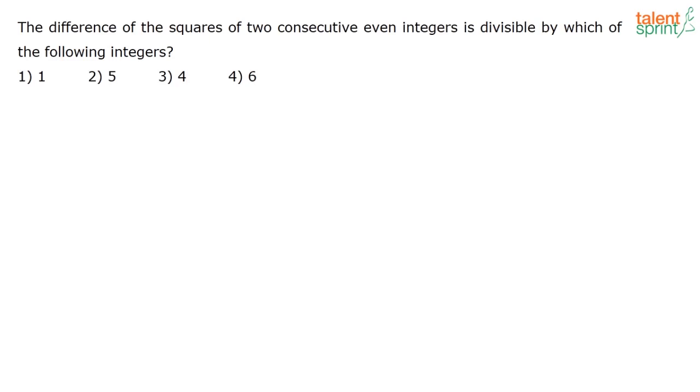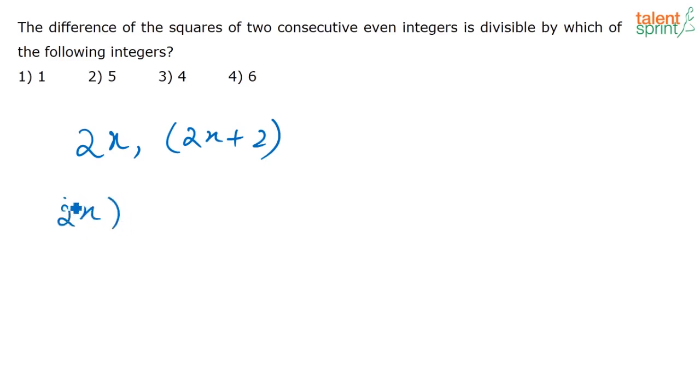So let's check. The difference between the squares of 2 consecutive even numbers. One thing you can do is, you can assume the numbers as 2x and 2x plus 2. Since they have said even numbers, we can take it as 2x plus 2, or you can also take it as x and x plus 2. Nothing wrong. In both cases, you are going to end up getting the same answer. So if the two numbers are 2x and 2x plus 2, then what do you get?